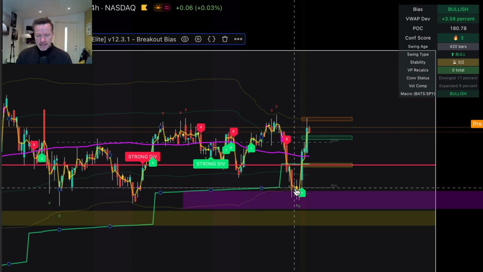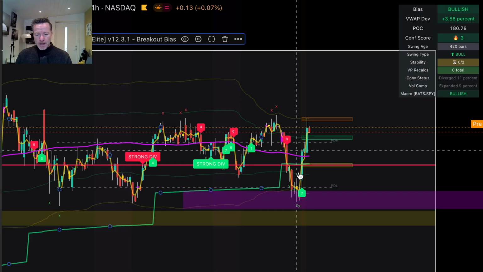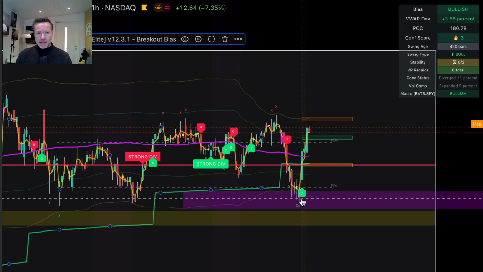We have these yellow bars here. That means that institutions are stepping in. And then it reclaims the POC, and it even reclaims the AVAP at 183 and prints a 3 signal buy. That is our entry. Why 181, 183 and not down here at 172?